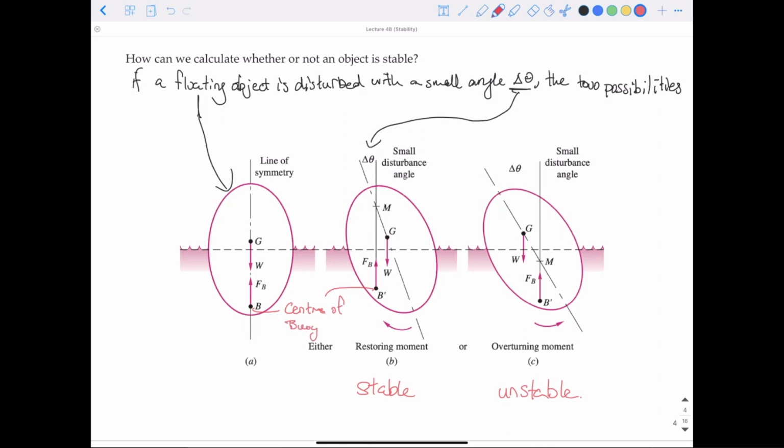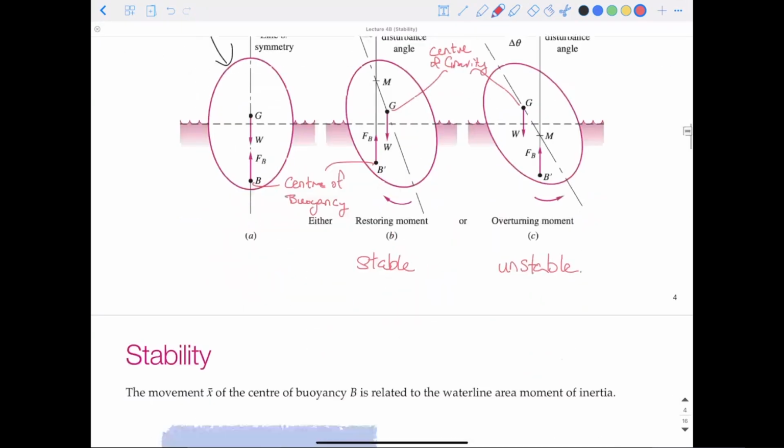And where G is on all these figures, this is our center of gravity. So how do we determine where this new center of buoyancy is, or the new center of gravity is? How are we going to assess this stability?